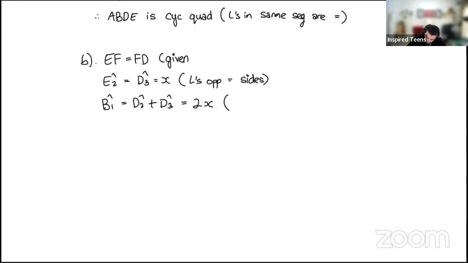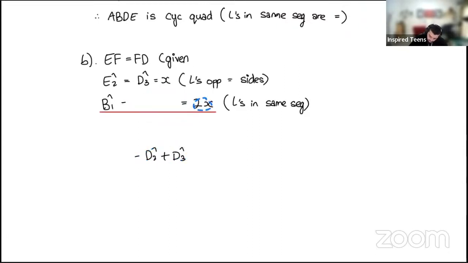And I can say angles in same segment. You can highlight or underline this one because you can even rearrange it if you want to put it in a better order, so that it makes more sense. Now you know that this is one of the main angles you're working with.